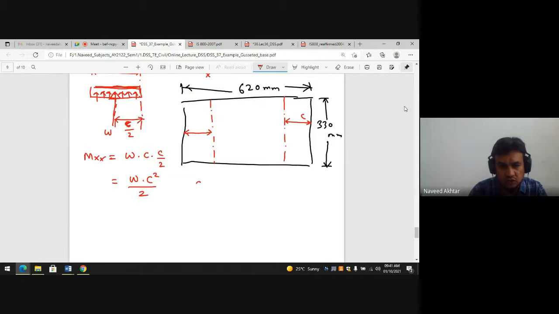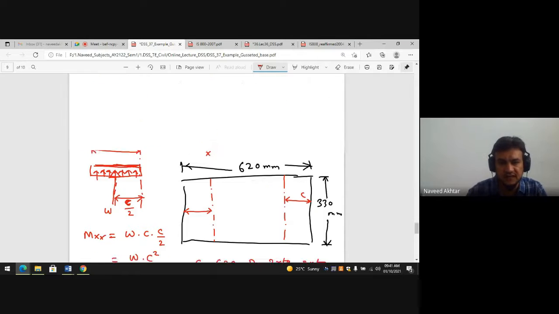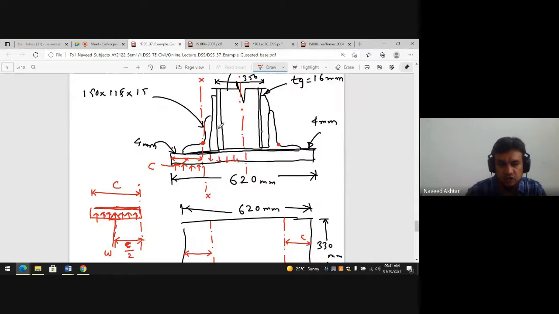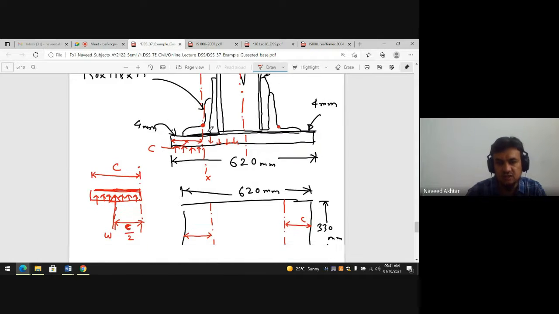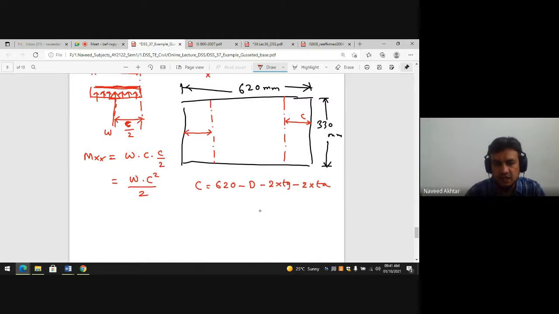So C is equal to 620, the length of plate, minus the thickness of column 350, minus 2 times the thickness of gusset plate, minus 2 times the thickness of angle, where the critical section is, divided by 2.